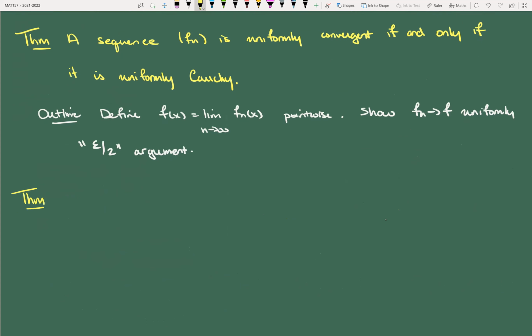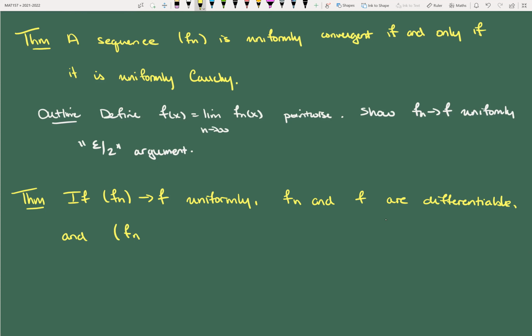If Fn converges to F uniformly, Fn and F are differentiable, and the Fn primes converge to some function g, then g must be the derivative of f.